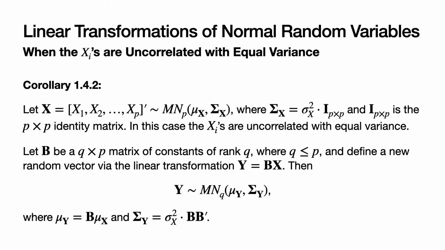And then, according to Corollary 1.4.2, which again is a special case of Theorem 1.4, we have that this new random vector y has a multivariate normal distribution of rank q with mean vector mu sub y and covariance matrix cap sigma sub y, where the mean of y is equal to the linear transformation matrix times the mean vector for x, and the covariance matrix of y is equal to sigma squared sub x times the linear transformation matrix times the transpose of the linear transformation matrix.